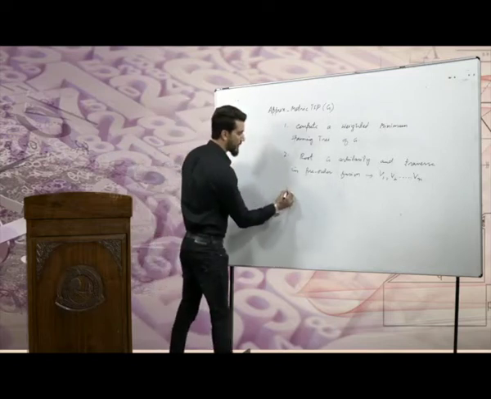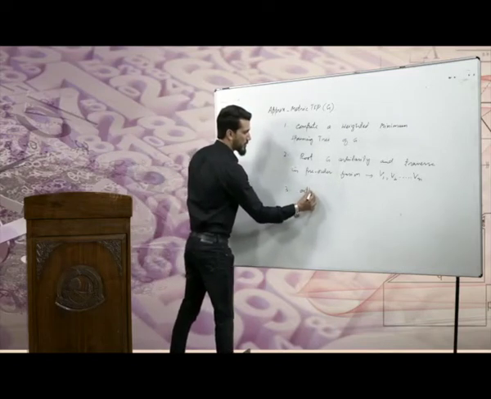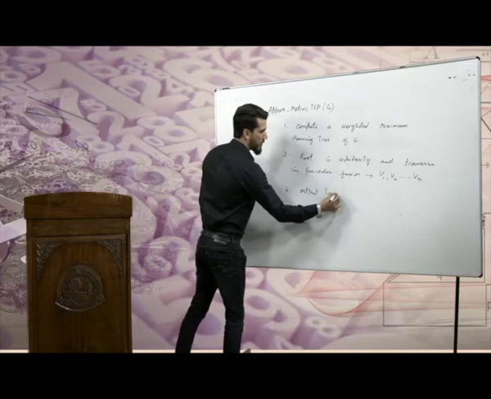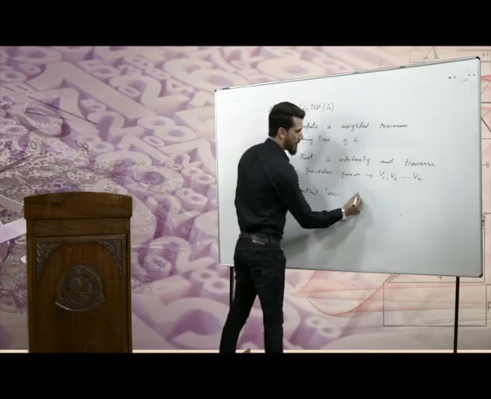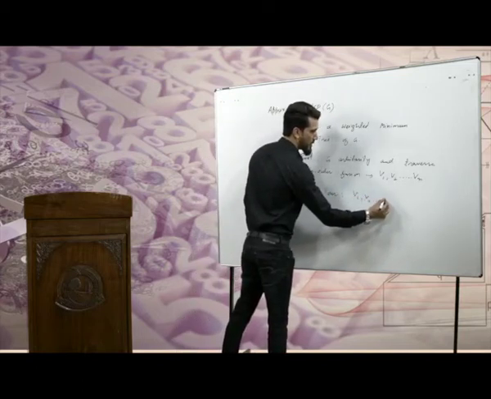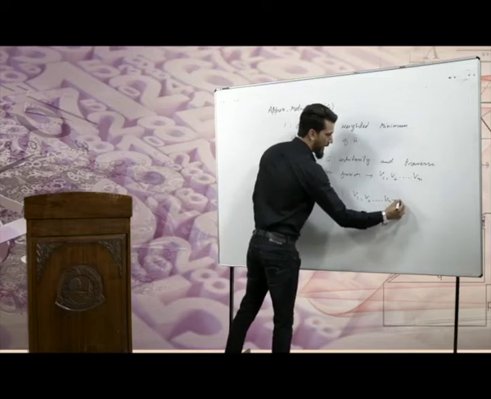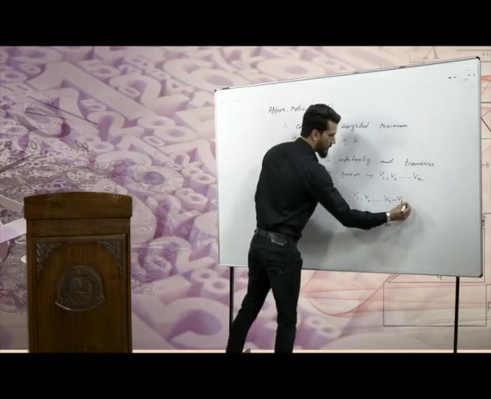And the third step: the output tour will be given as V1, V2, up to Vn and back to V1.